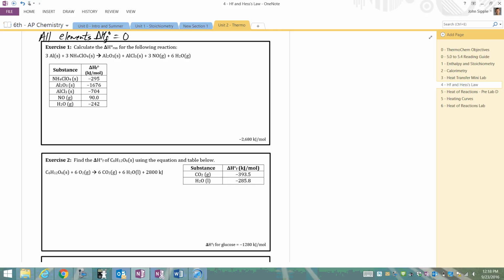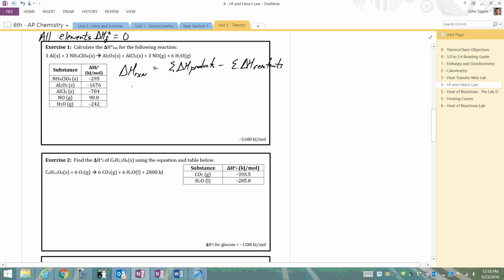Okay, so here we go. Delta H of the reaction is going to be equal to the sum of the delta H of the products minus the sum of the delta H of the reactants.